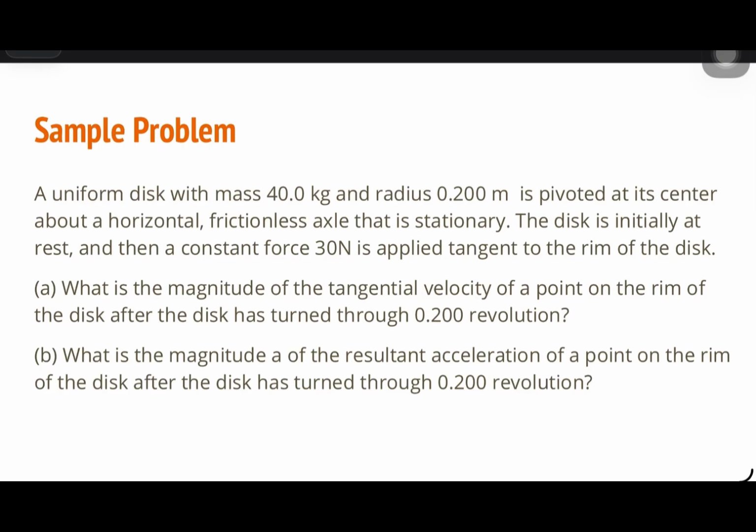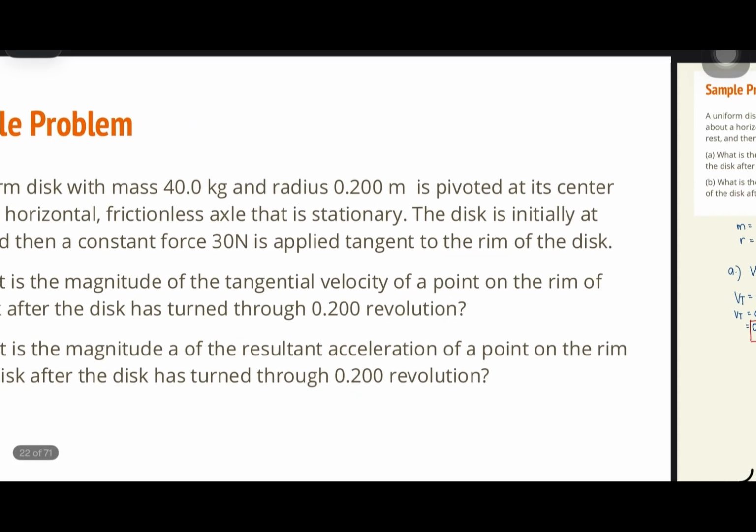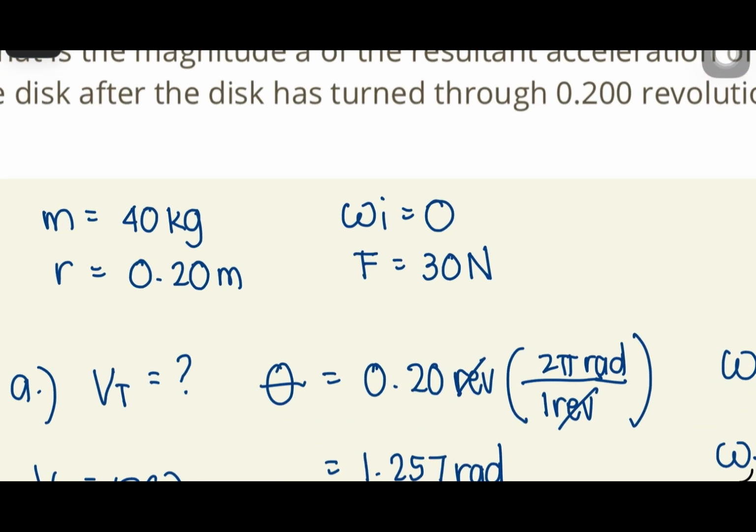For part A, what is the magnitude of the tangential velocity of a point on the rim of the disk after the disk has turned through 0.200 revolution? For part B, what is the magnitude of the resultant acceleration of a point on the rim of the disk after the disk has turned through 0.200 revolution?